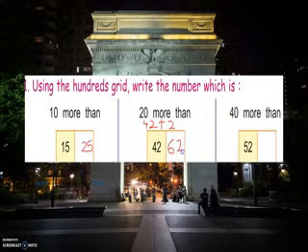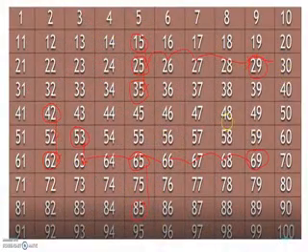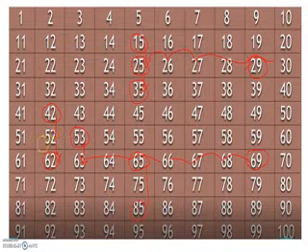Let's do one more. 40 more than 52, which means we have to add 40 to 52, which means we have to add 4 tens to 52. 4 tens means we have to move 4 times down from 52. Let's see how we can do that. Where is 52? Yes, here is 52.